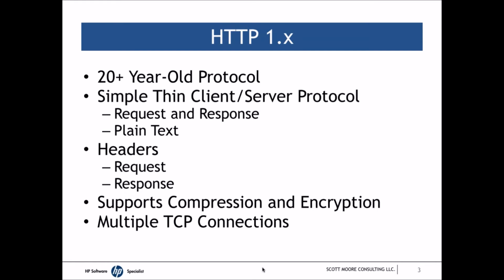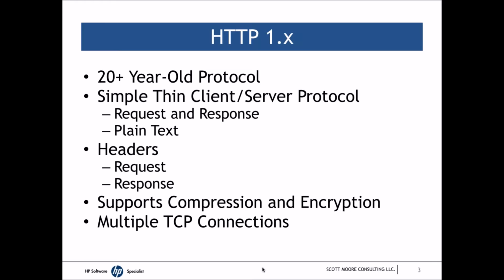First of all, note that HTTP 1 has been around for about 20 years, a little bit more. It was initially intended to be a very thin protocol where we had simple requests and responses. It was meant for mostly plain text, maybe a couple of pictures, with simple requests and responses, get and post, get and puts.